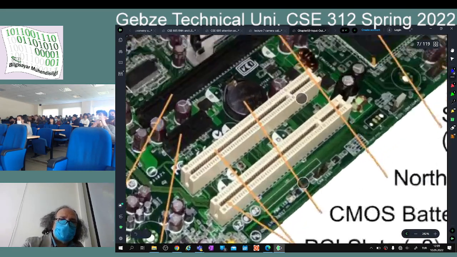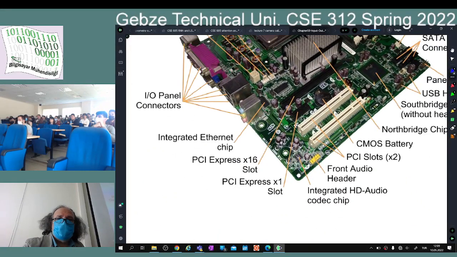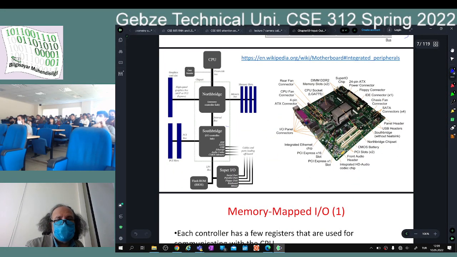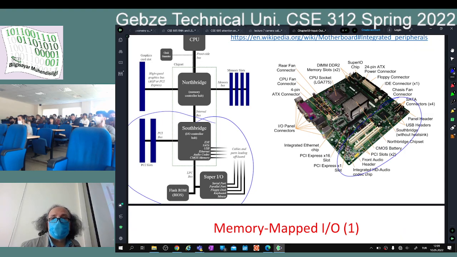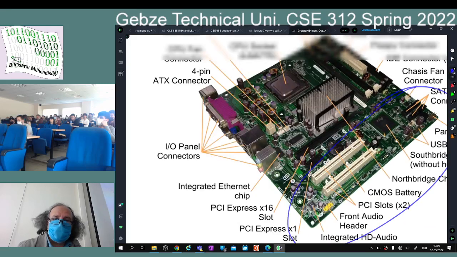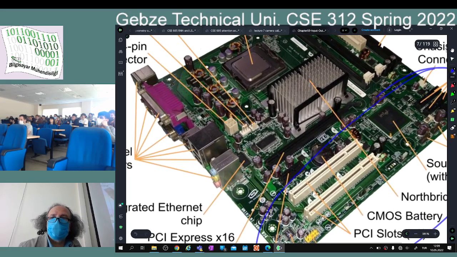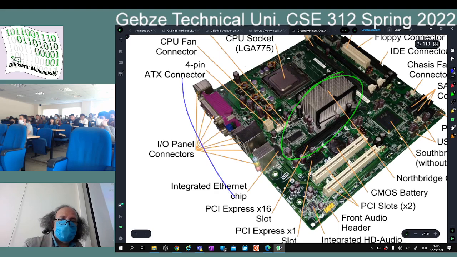and where is my PCI card? See, these are the PCI slots, and the things that are around here are around this part of the board. And our PCI Express or the graphics card are very nearby to this North Bridge here, right?